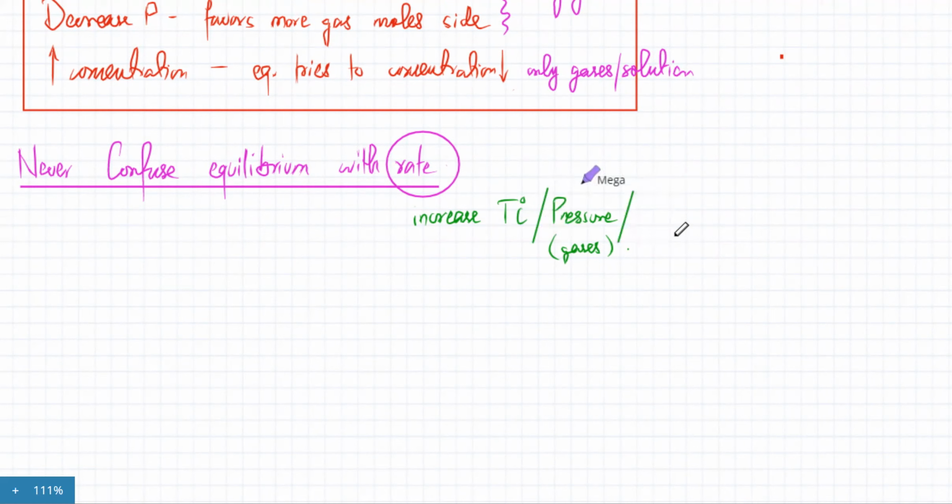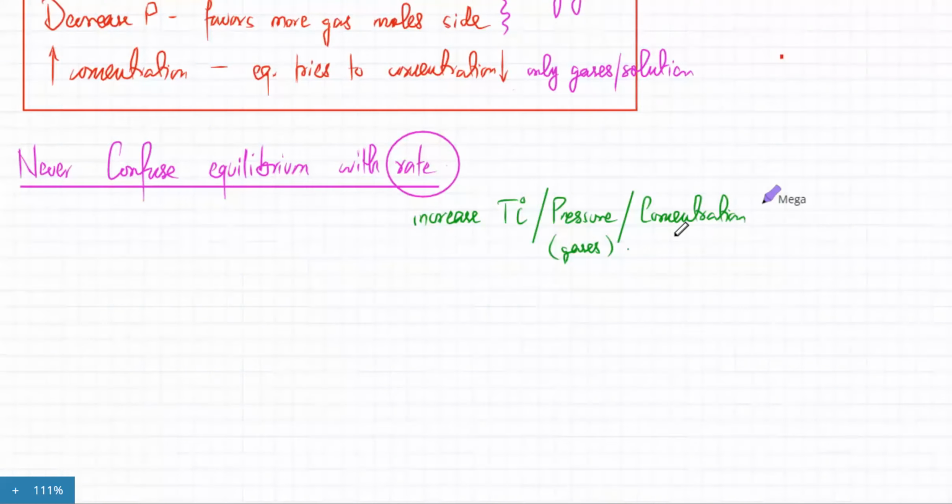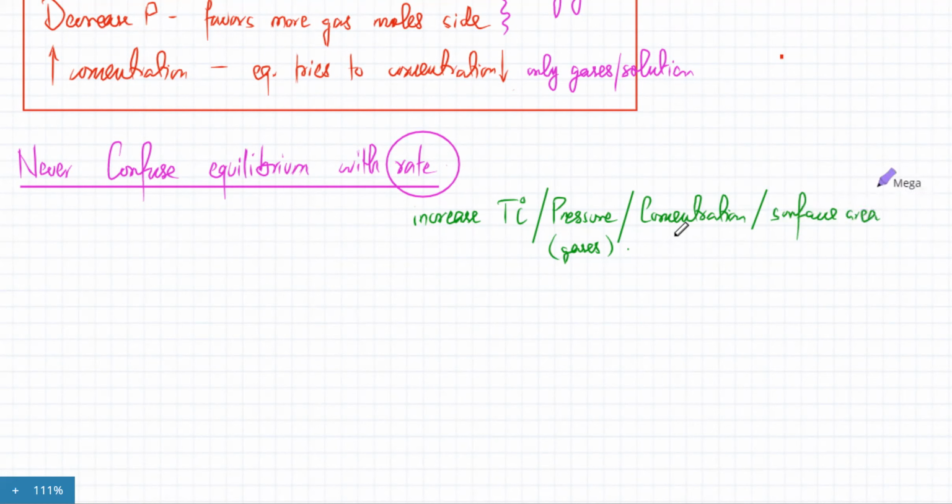Similarly, you increase concentration, surface area, or catalyst.